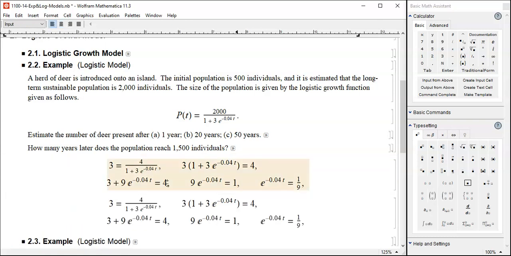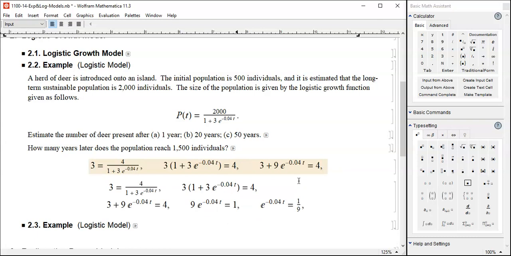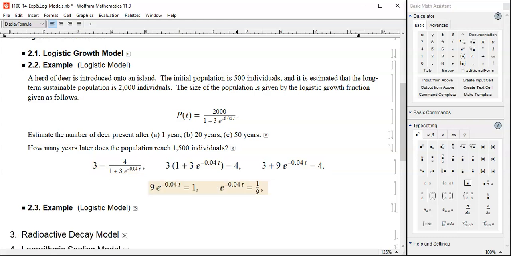I squeezed in a bit too much in a single line. I shouldn't have done that. Stop at here, and then the rest, I'll do those in separate lines. Okay, we are up here.